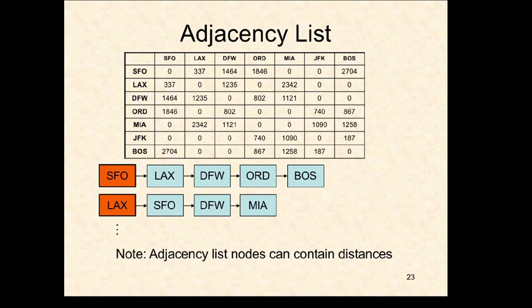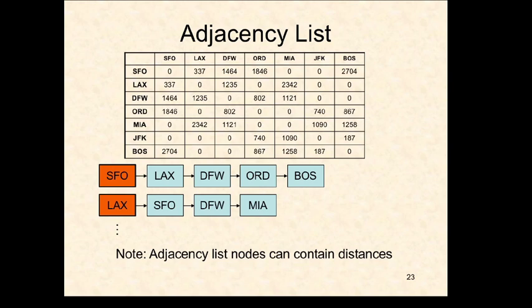In the adjacency list shown down below, the equivalent list, the order does not matter. The orange box, SFO, think of the SFO as the starting point. From SFO, we can get to anything in that list, but the order of the arrows doesn't show us which order we must follow. So we can go from SFO to anything in that adjacency list.